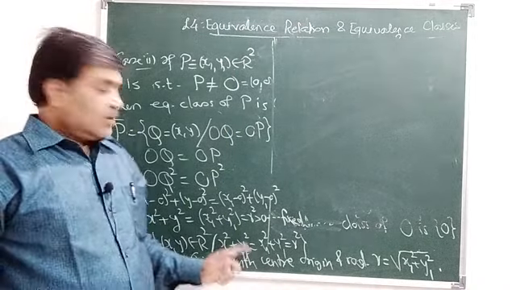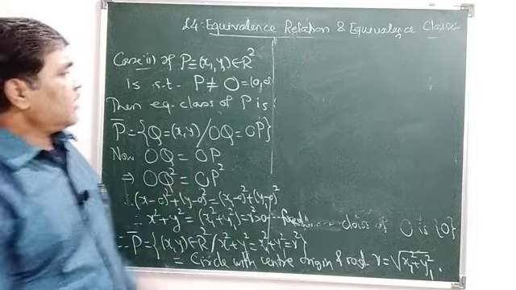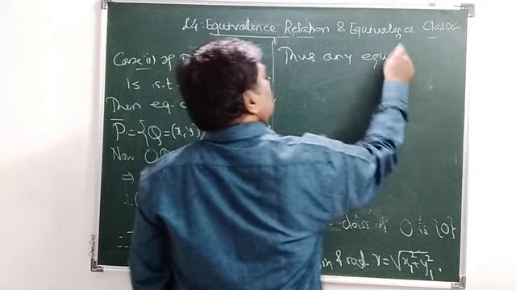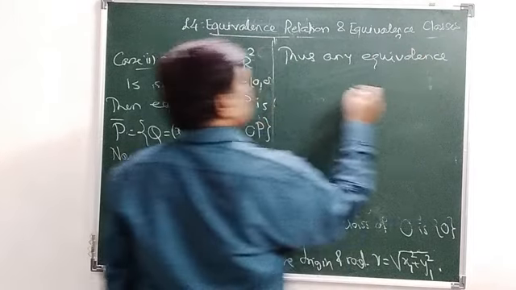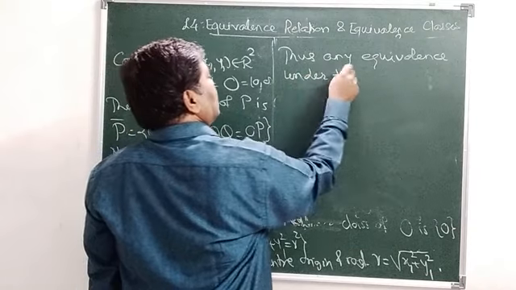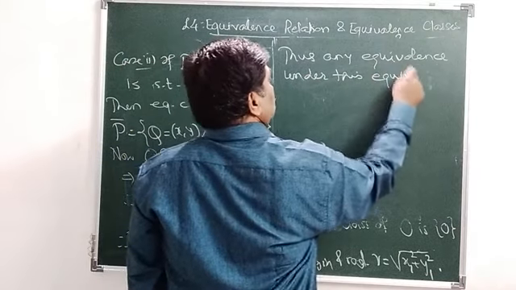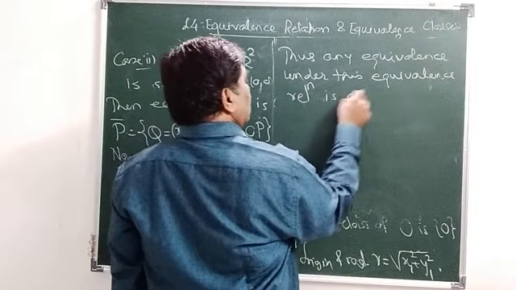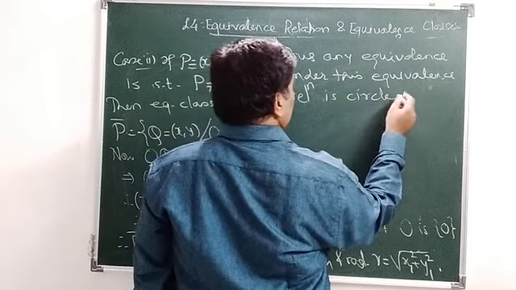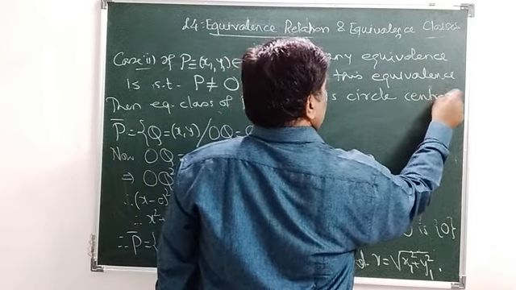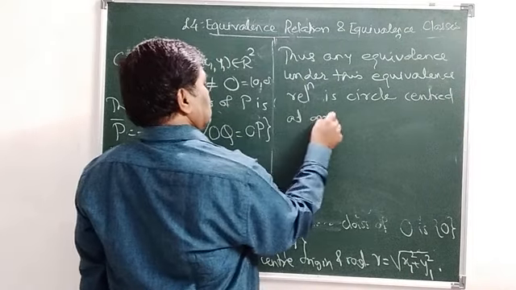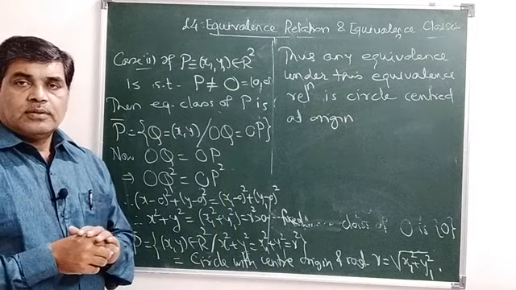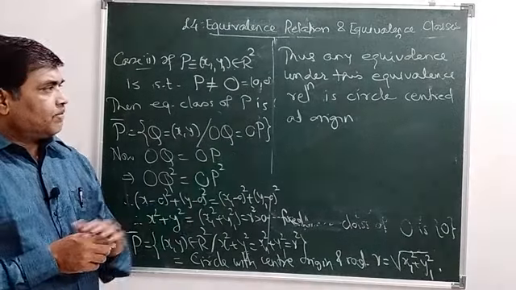So thus, any equivalence class under this equivalence relation is a circle with center origin, which is a circle centered at origin. Is it clear?